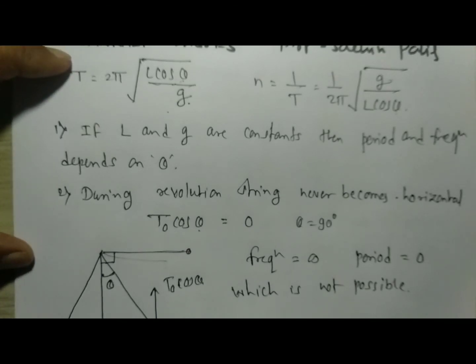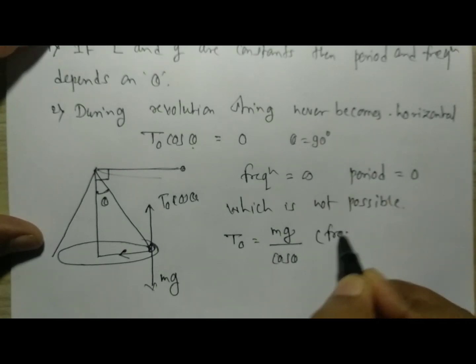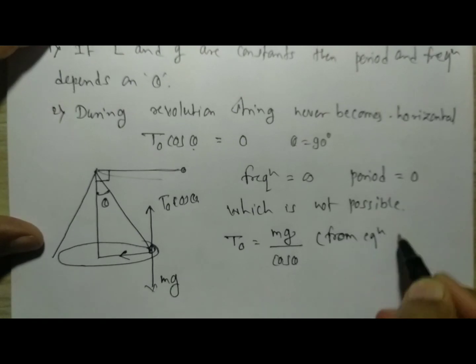And the tension in the string, T0, is nothing but mg divided by cos θ, from equation 2.